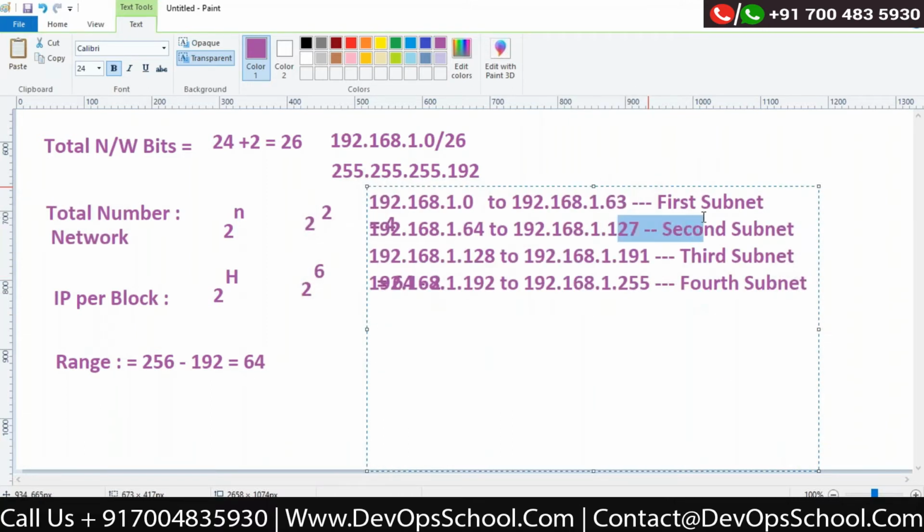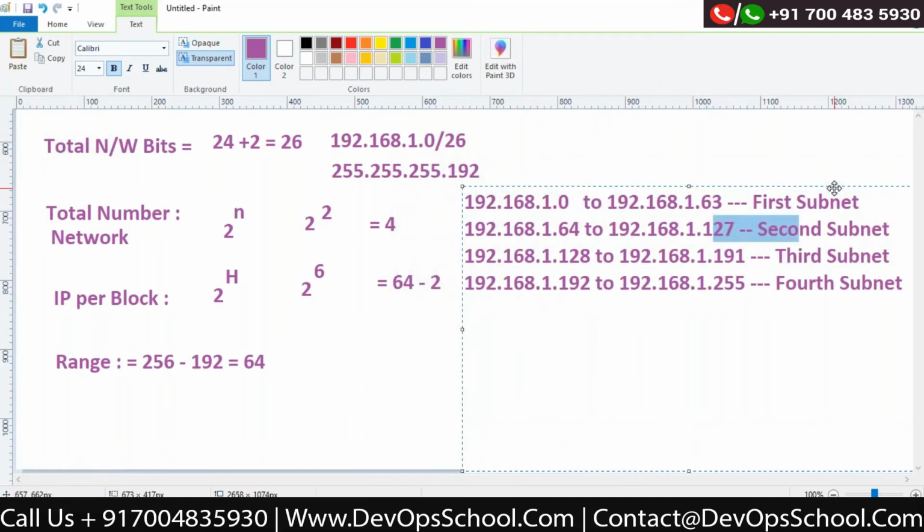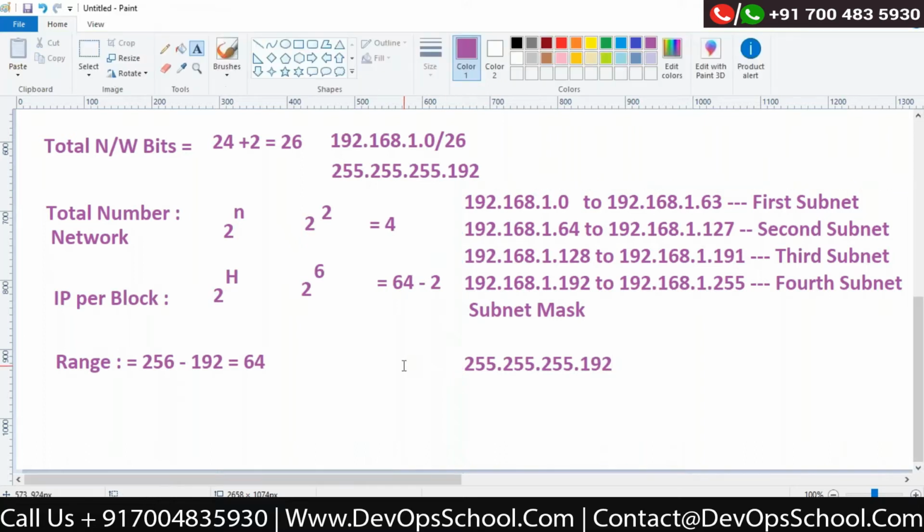For all the subnets which we have created, what is the subnet mask for this? Now you can see the subnet mask would be 255.255.255.192.